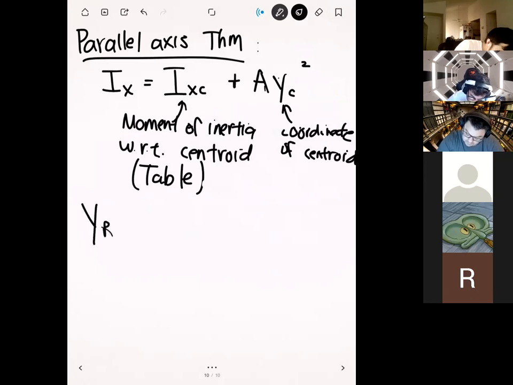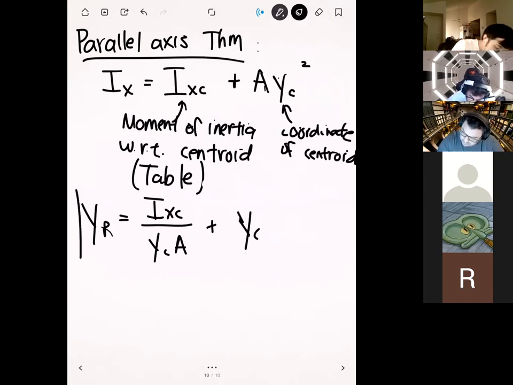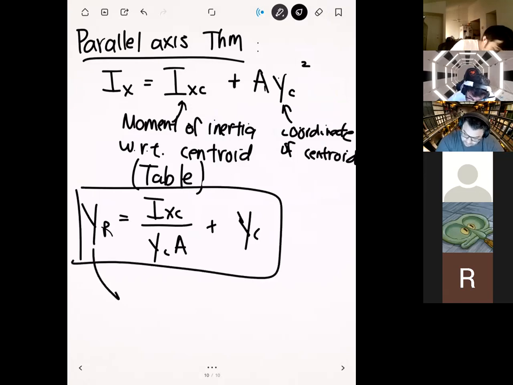We see that yr is equal to Ixc divided by yc times A, plus yc. This boxed expression is the location of the hydrostatic pressure force.